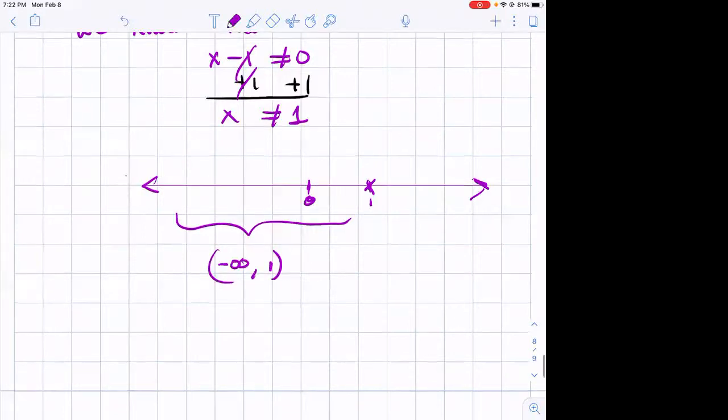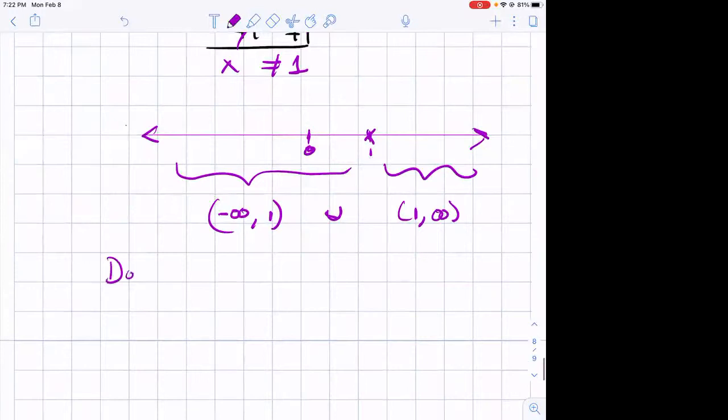And then on this side here, you have from 1 to infinity. And bringing the two of them together, the domain of this function would be from minus infinity to 1, union with from 1 to infinity.